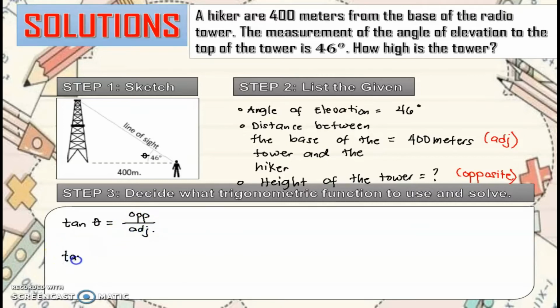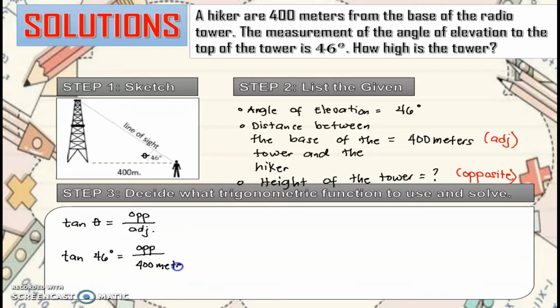And the angle given in our problem, theta, is 46 degrees. The opposite side is what we're going to find, which is the height of the tower, and your adjacent side is 400 meters.